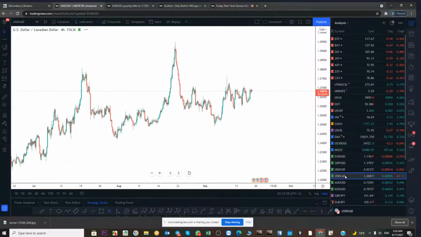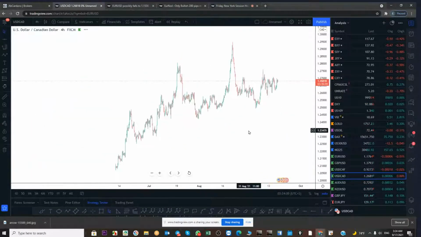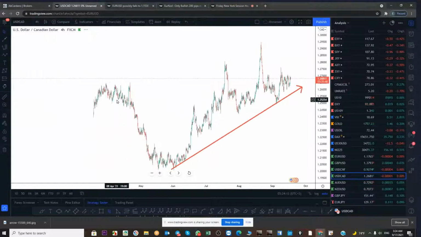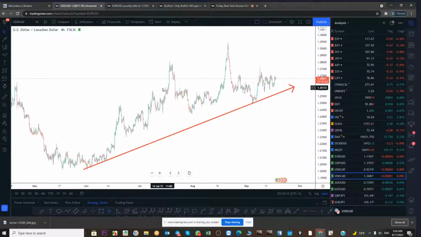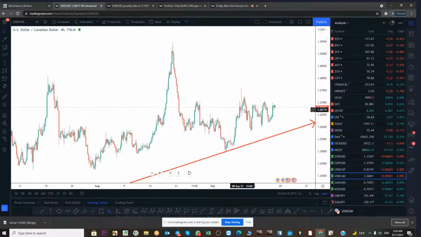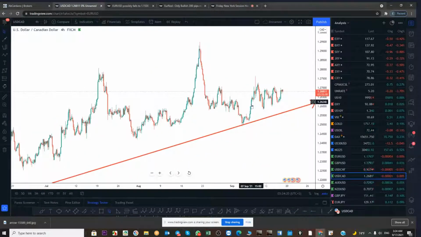USD CAD, I think it's a very good buy. You can see it has been supported by this uptrend, very clear, very nice. We predicted this one previously. I think we had a nice buy signal right here, and that was really nice.